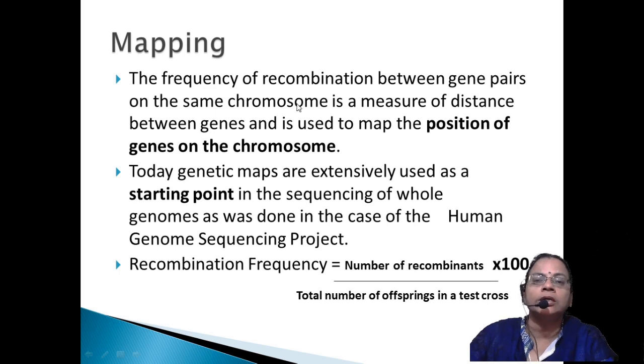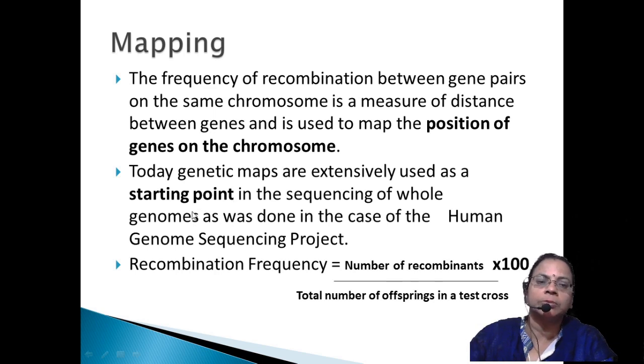In that way, he developed a technique to apply the information on the frequency of recombinants to position the genes on the chromosome. So that was the first chromosomal map. The first chromosome map was invented by Alfred Sturtevant. This information was then passed on and gave the starting point for sequencing the whole genome.